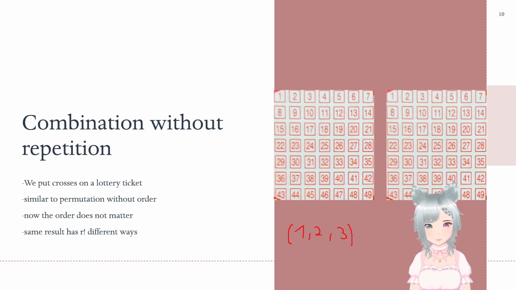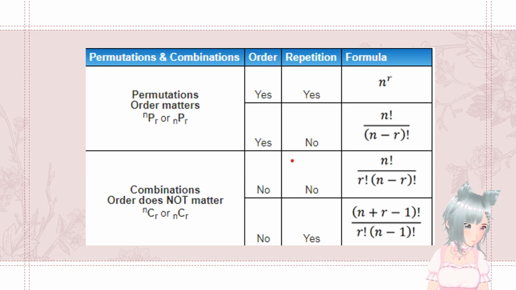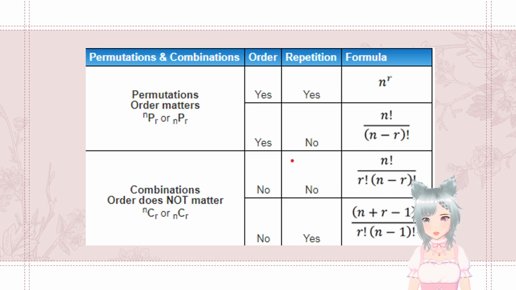Then we can just swap out the 1 and the 2, and we have a different set when we look at the order, but we don't have a different set if we don't look at the order. So there are the same 3 numbers in here and here, but in a different order.